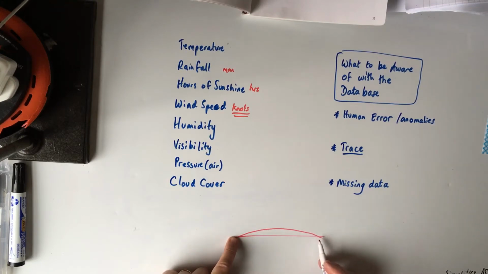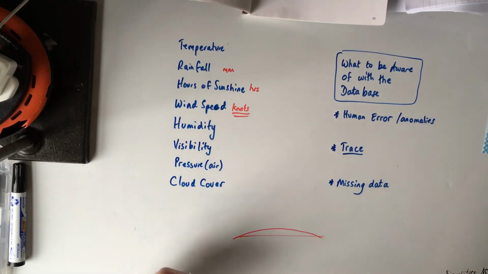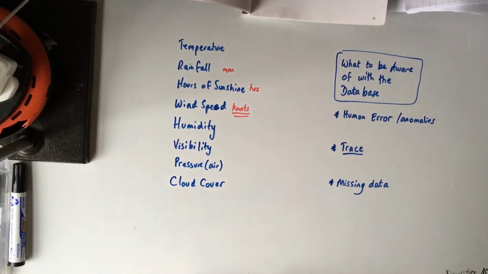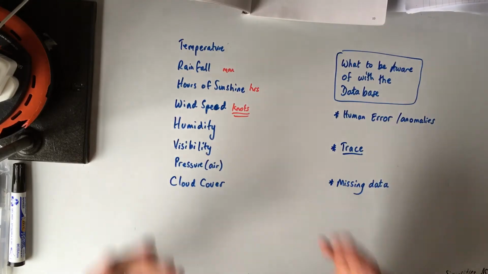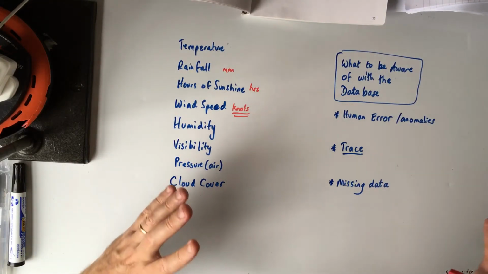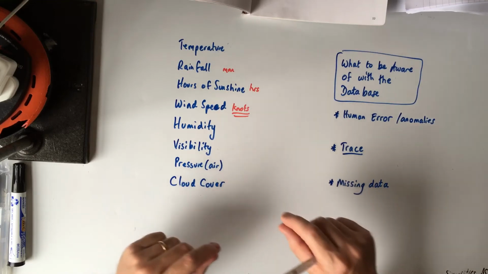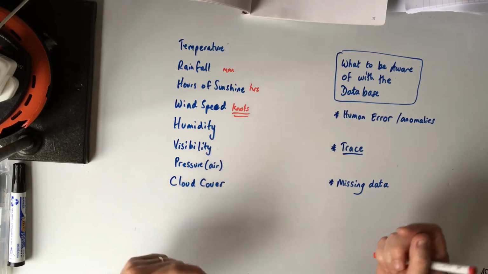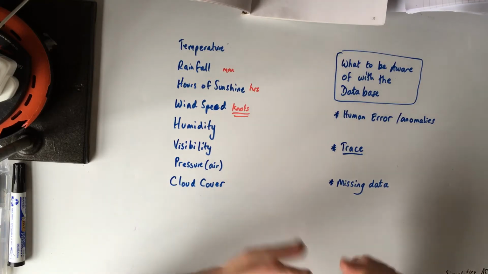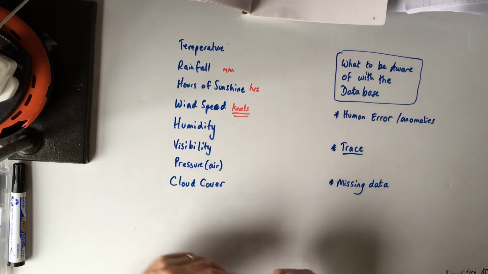That might not be true, but that's what I was taught or heard somewhere when I was young. Anyway, regardless of that, a knot is a bit more than a mile. So wind speed in knots, if it's 30 knots, in miles per hour it would be a bit more.